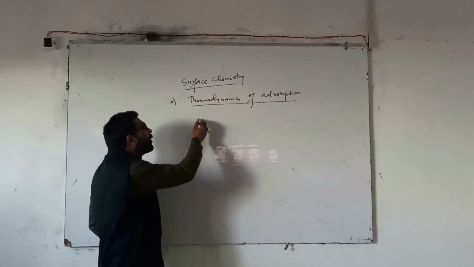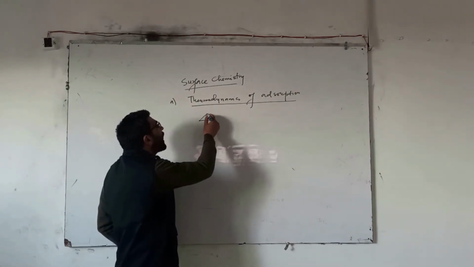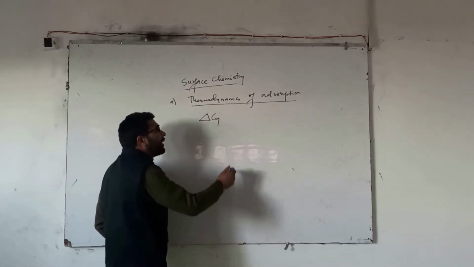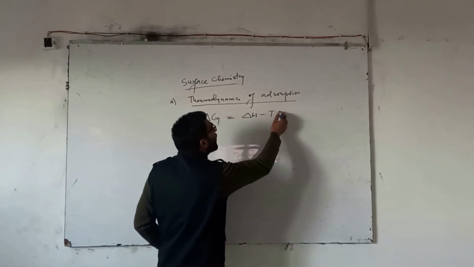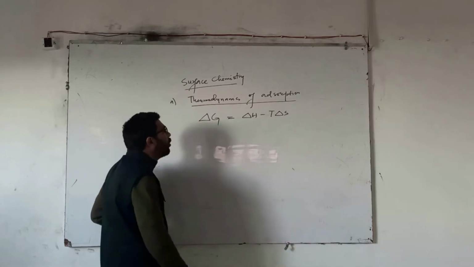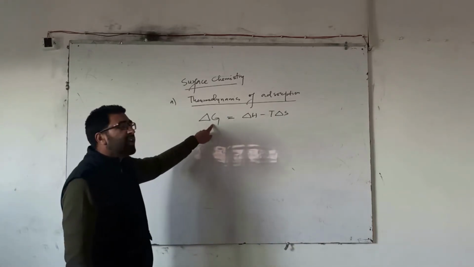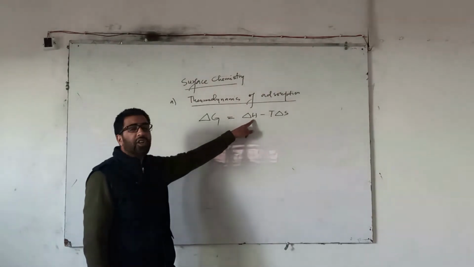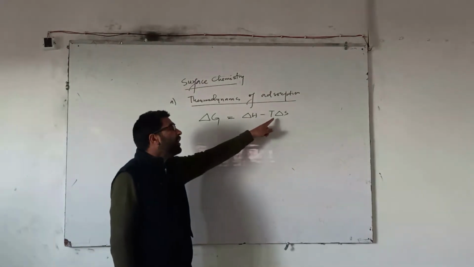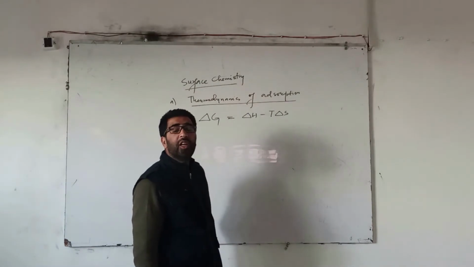As you have read in your previous class, the Gibbs-Helmholtz equation, that is delta G is equal to delta H minus T times delta S. As you know, delta G represents change in Gibbs energy, delta H represents change in enthalpy, delta S represents change in entropy.